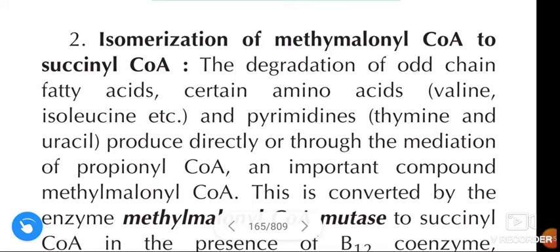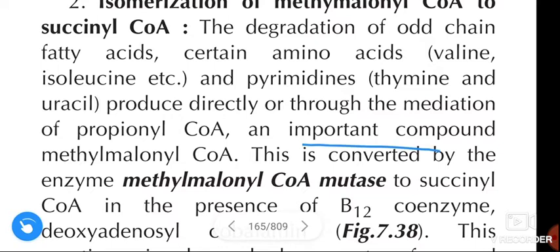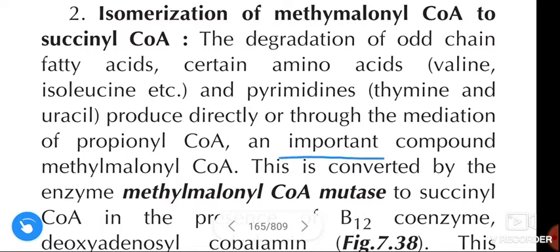See once again, isomerization of methylmalonyl-CoA to succinyl-CoA. The degradation of odd chain fatty acids, certain amino acids like valine and isoleucine, and pyrimidines like thymine and uracil produce an important compound, methylmalonyl-CoA, either directly or through the mediation of propionyl-CoA.